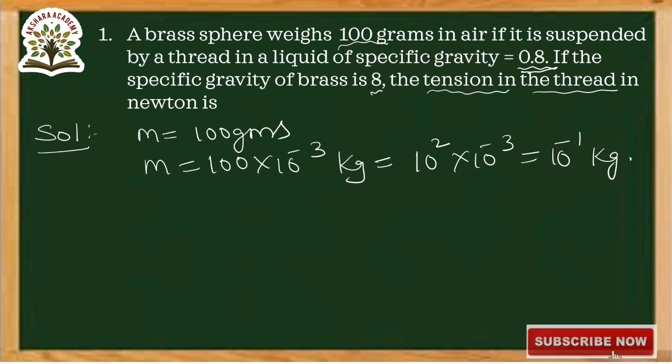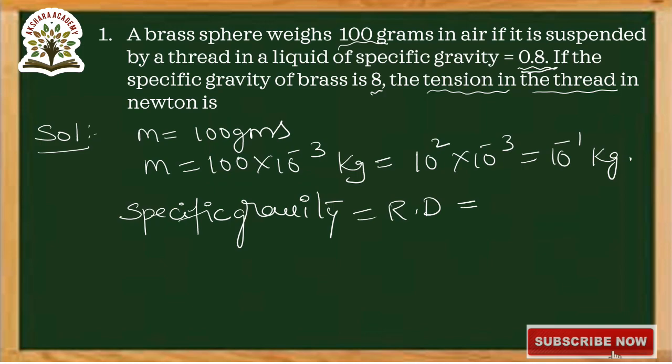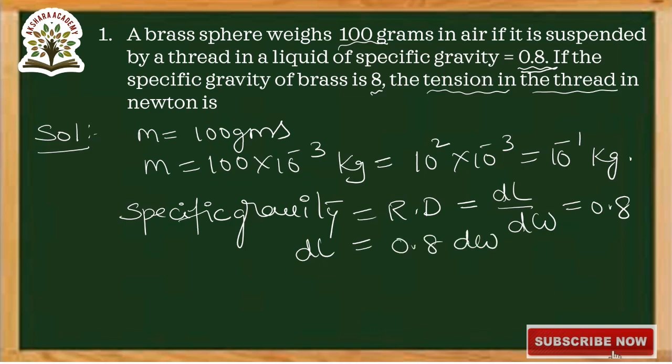Next, they have given specific gravity, that is relative density. Sometimes you call relative density specific gravity. So dl by dw equals 0.8, and from this we write dl equals 0.8 into dw.